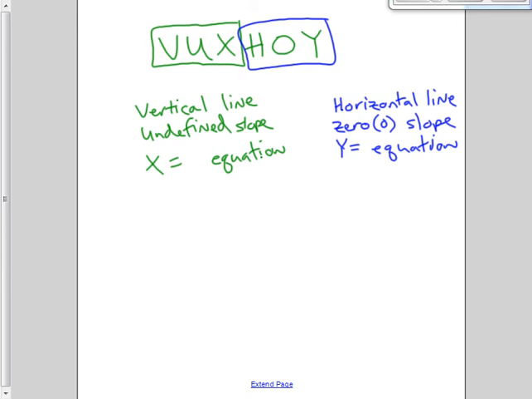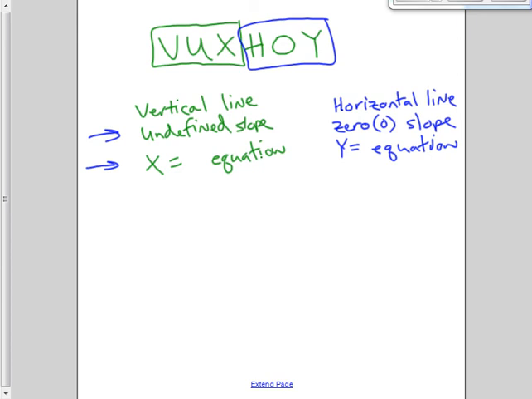The part that we're looking at today is this and this. We're given an equation, and you need to define the slope, either an undefined slope or a 0 slope, depending on which equation we had. So you want to go through and solve the rest of these problems.